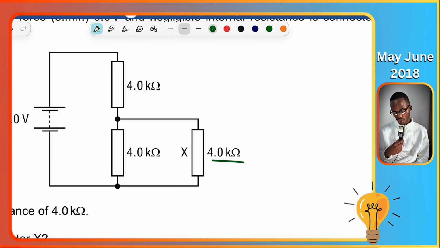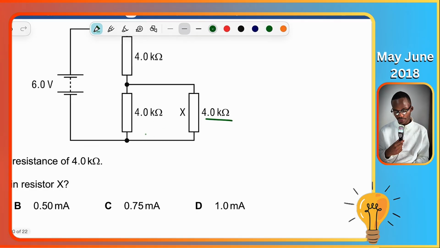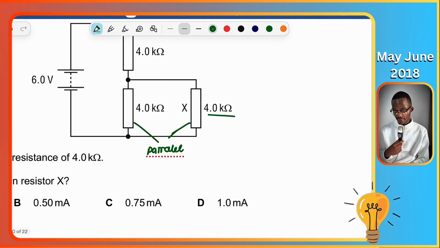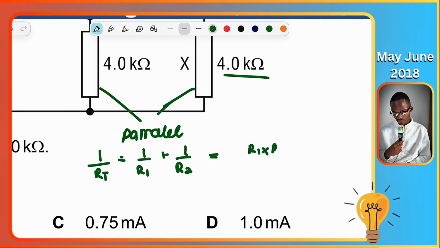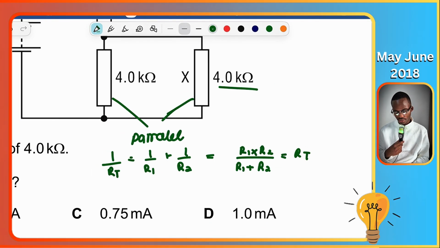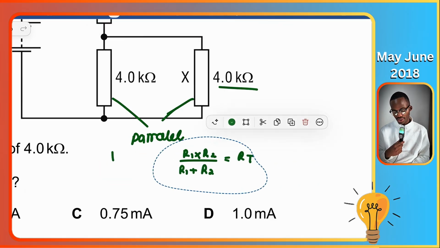These two things are in parallel, and for things in parallel, the total resistance follows a specific formula: 1 over RT is equal to 1 over R1 plus 1 over R2. Then product over sum: R1 times R2 over R1 plus R2 should be equal to R total. It's a way of easily finding the total resistance for two resistors.